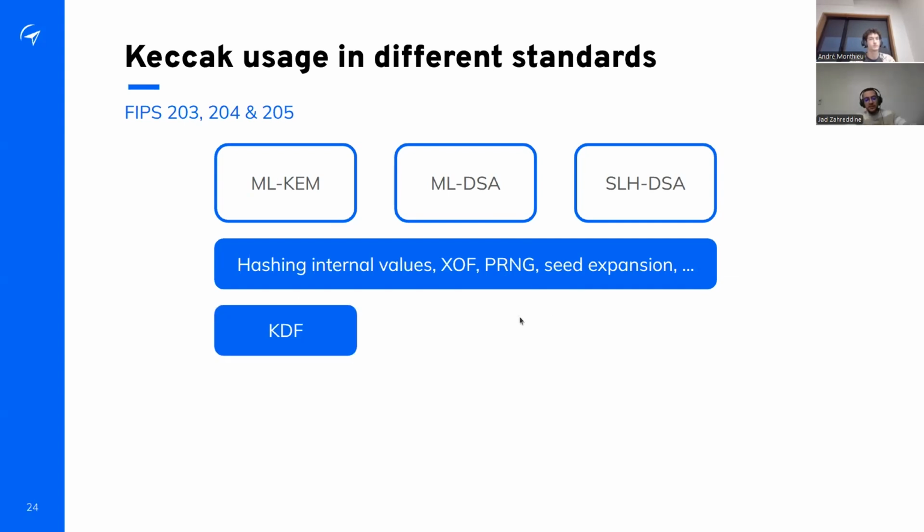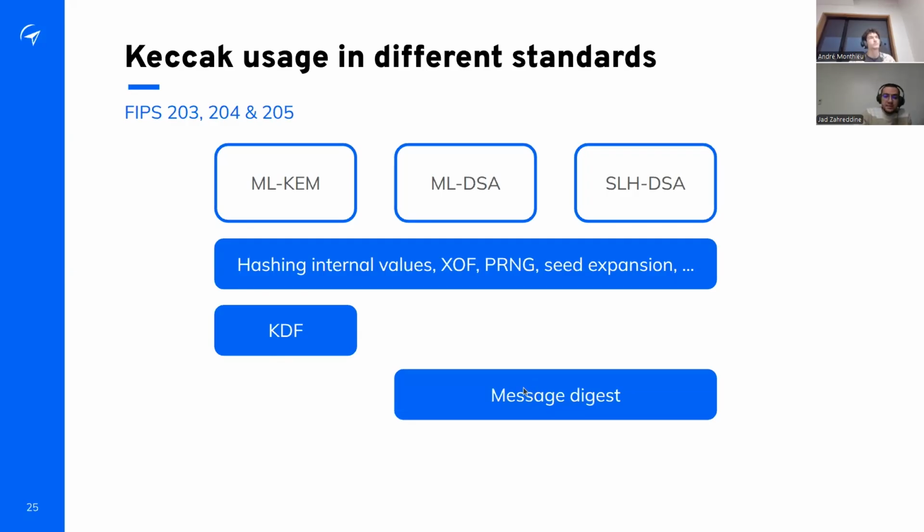More specifically, for a key encapsulation mechanism, SHA-3 and its variants have been used as a key derivation function, from which we will be able to derive the secret shared key between the 2 parties executing ML-KEM.